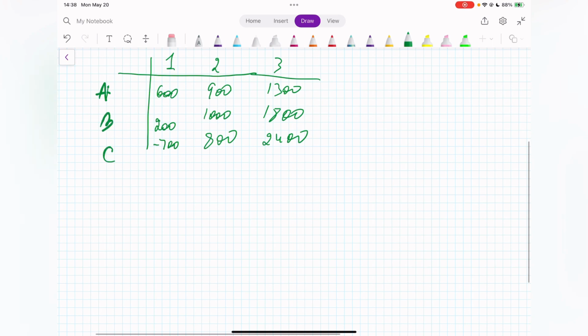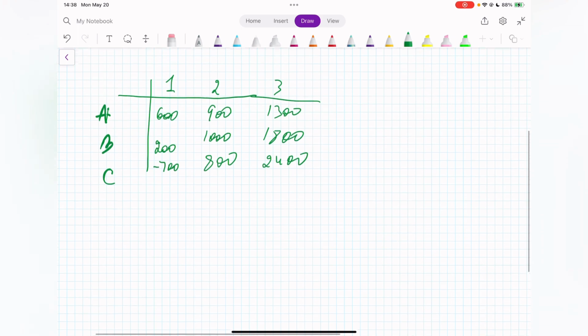All right, let's start working. What we're going to do in this case is identify the best payoff for demand 1, 2, and 3.